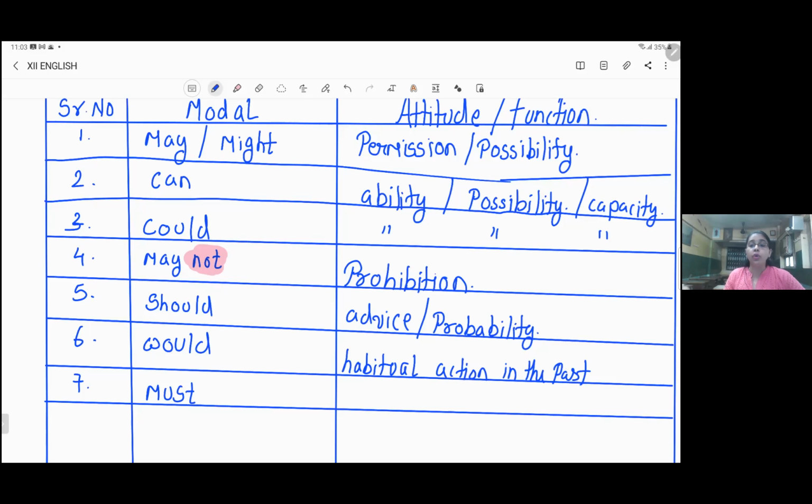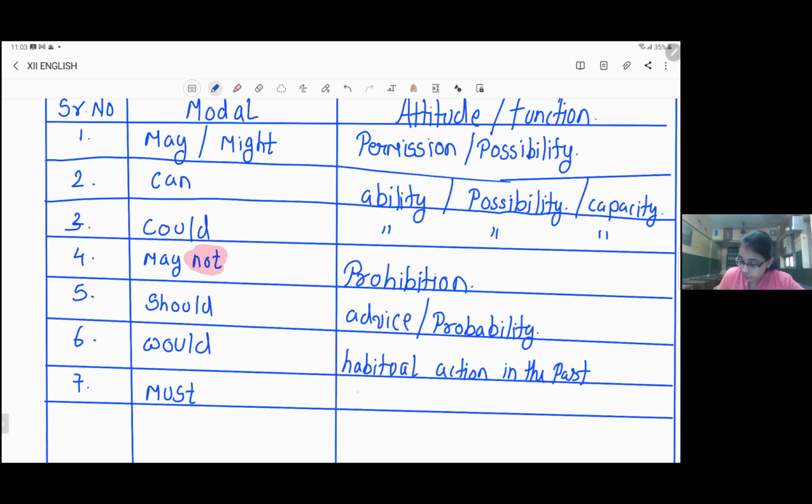You must do your homework in time. You must attend lectures on time. The word must is giving you the meaning of compulsion, that no, you have to do it. Right?